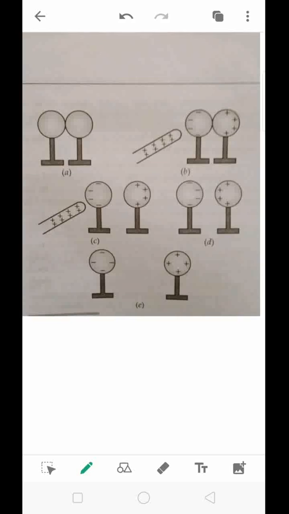In the fourth case, the external charged body is removed and both spheres have redistributed the charges. And in the fifth case, the charges present on the surface of the spheres got redistributed and uniformly distributed throughout the surface. Now these two spheres are acting as temporarily charged bodies. This process is called electrostatic induction.